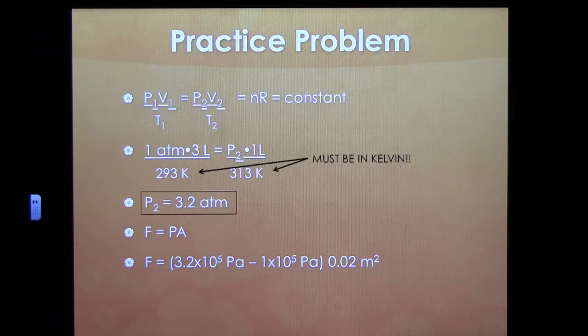The inside pressure is 3.2 atmospheres, or converting to pascals, 3.2 times 10 to the 5th pascals. And subtracting from that the outside pressure, which is 1 atmosphere, 1 times 10 to the 5th pascals. Taking that pressure difference and multiplying it by 0.02 meters squared, the area, we find the force to be 4,400 newtons.